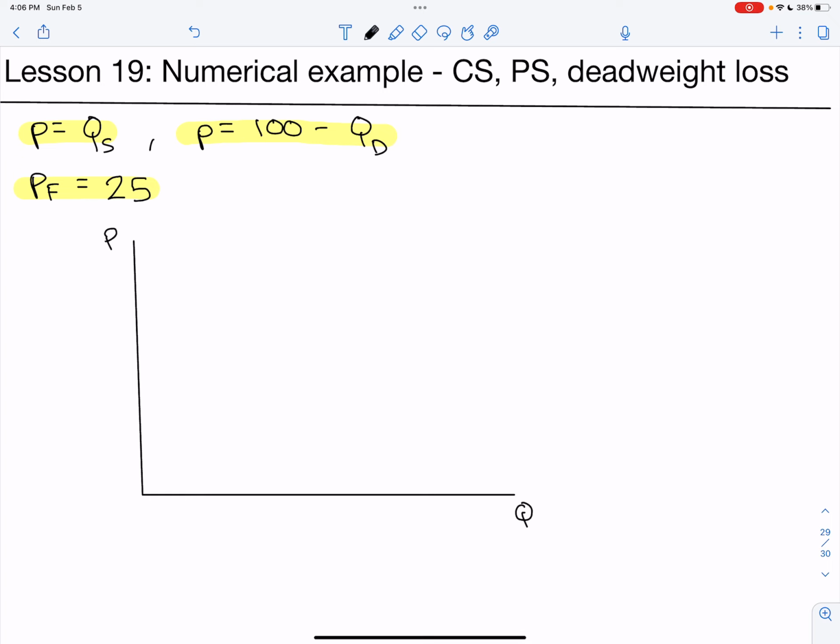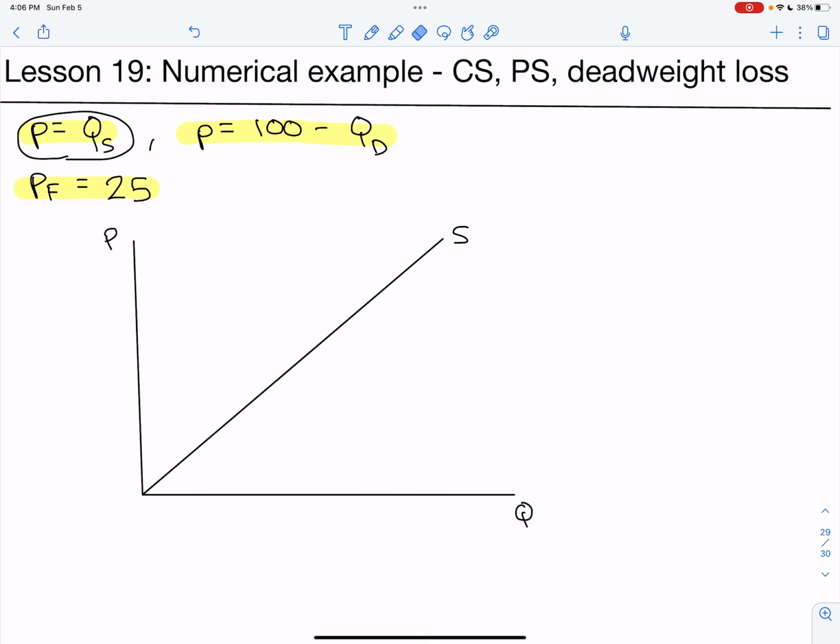So what would our supply curve look like? Here we just know that P is equal to QS. In other words, this is the same thing as a y equals x situation, so it would just be an upward sloping line that passing through the origin. That would be our supply curve. And over here, P is equal to 100 minus QD. What would our demand curve look like?